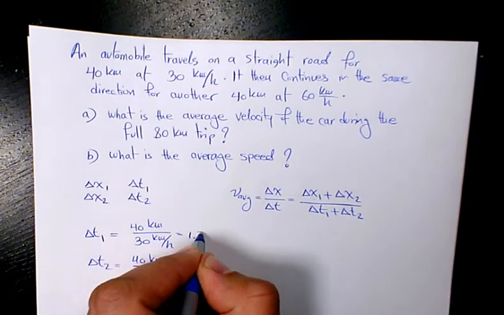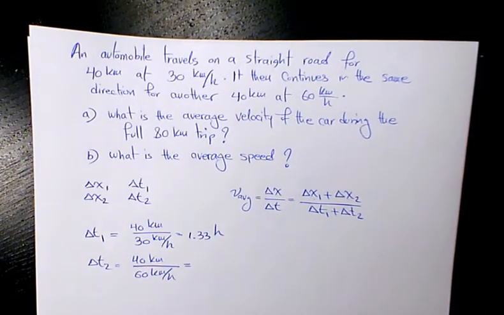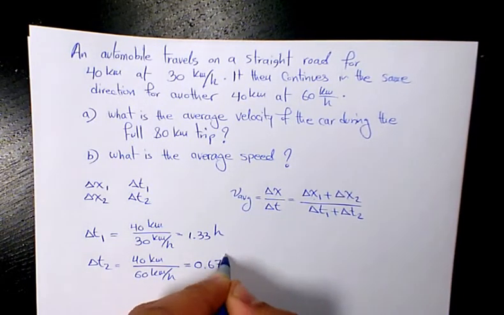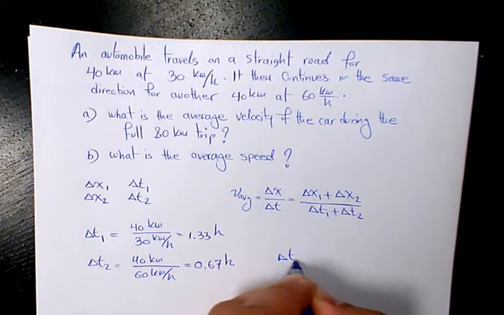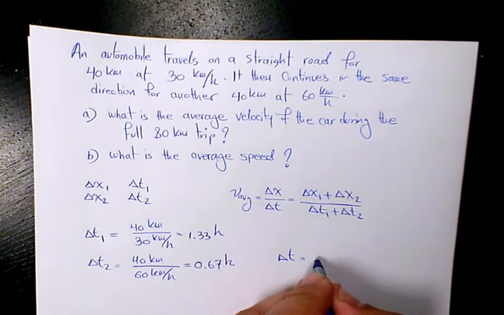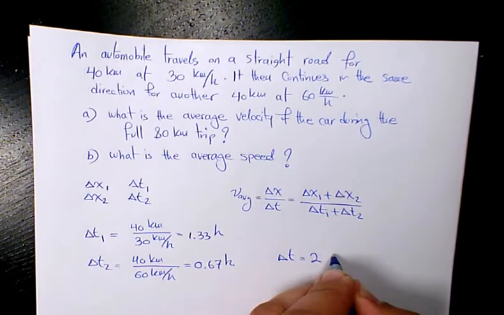That's going to be 1.33 hours, and this one is going to be 0.67 hours. So delta t in total is going to be 1.33 plus 0.67 hours, so it's going to be 2 hours in total.